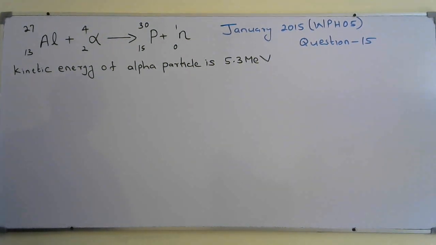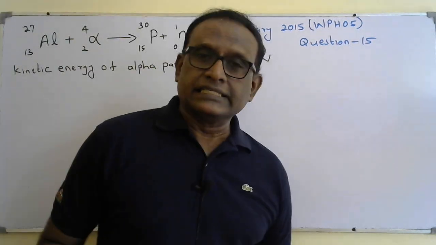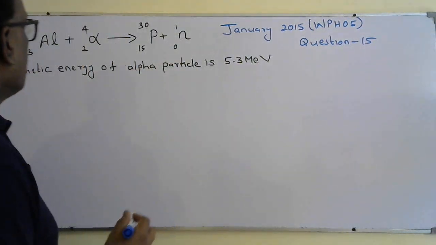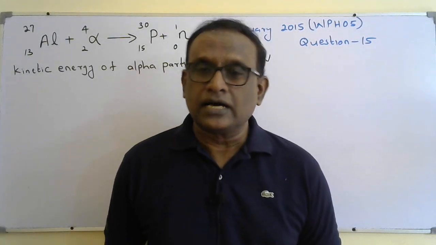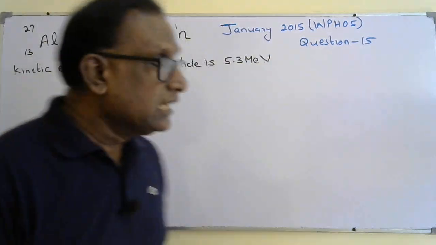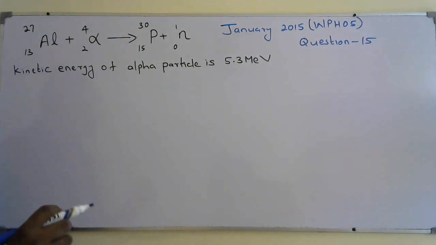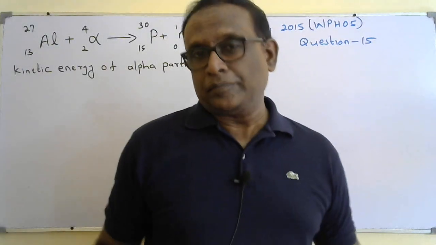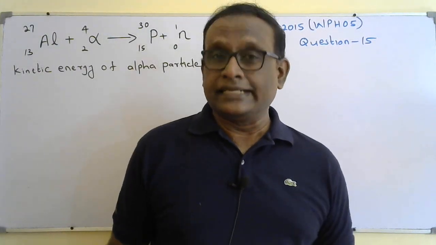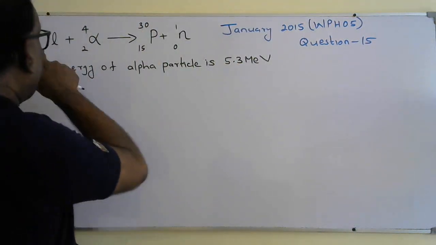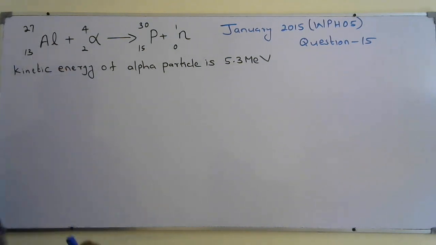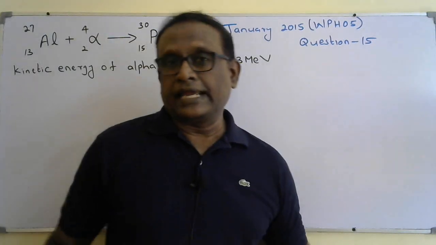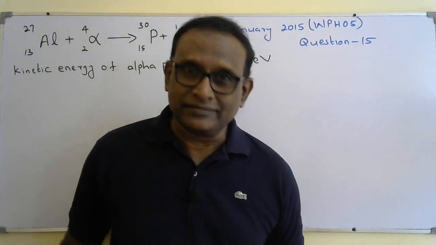Okay, if I use the total mass energy relationship, we can't add mass with energy, so we need to convert the mass to its equivalent energy. Nothing is mentioned about the kinetic energy of the aluminium nucleus, so we can assume the aluminium nucleus is at rest.